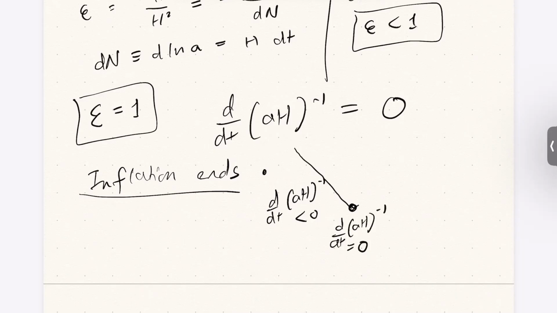And of course, it will again be positive, right? So this is the point where it shifts behavior from a shrinking Hubble sphere to an expanding Hubble sphere. And this is where inflation ends. Okay, because that is exactly where it stops shrinking, and then we have generic radiation and matter domination, where the Hubble sphere again starts expanding.